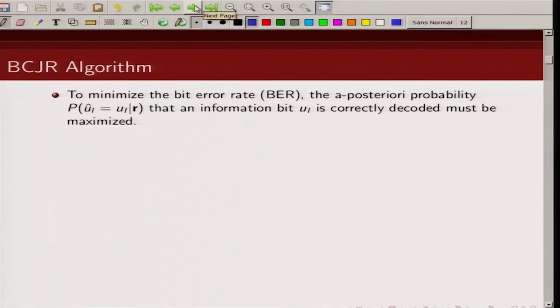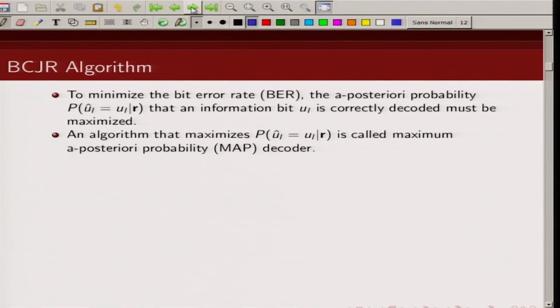So, we are going to use an a posteriori probability based algorithm to estimate our information sequence, and this algorithm, which maximizes the probability of U hat given the received sequence R, is known as the MAP decoder.